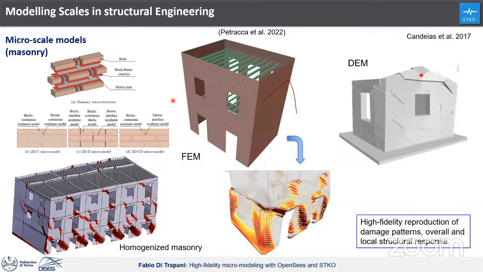Other approaches are, for example, the discrete element model. If we don't want to use FEM, we can move to DEM. Discrete element modeling can be very useful, especially for describing failure analysis.